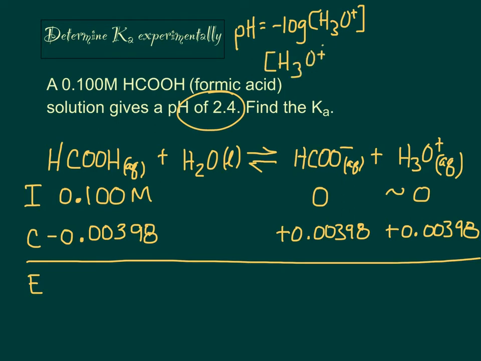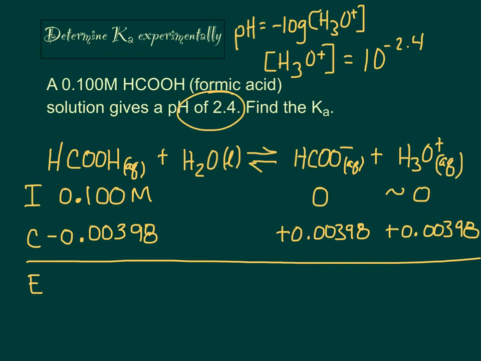I don't think I use that word ever, but this is how it works. It's 10 to the negative 2.4, and on your handy-dandy calculators, if you find your log button, you'll see a 10 to the x key, although some of you have really crazy calculators, so you're going to need to figure out how to do anti-logs on your calculator. But that's how you go back and figure out the hydronium ion concentration. So we got that, and that's our change. As it reacted, it produced hydronium ion.